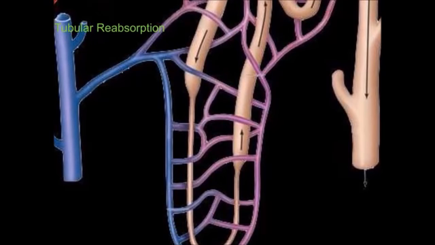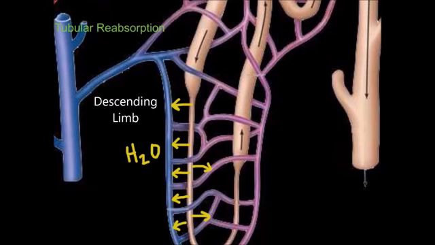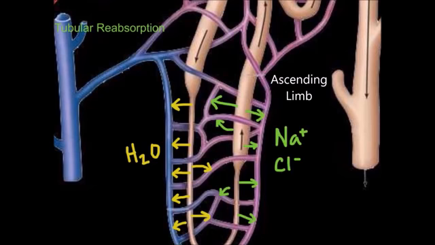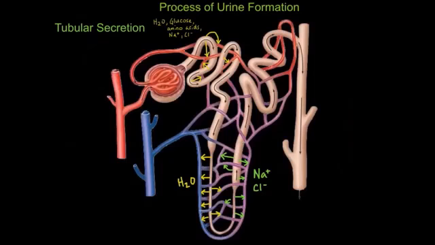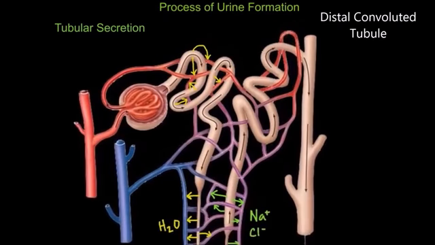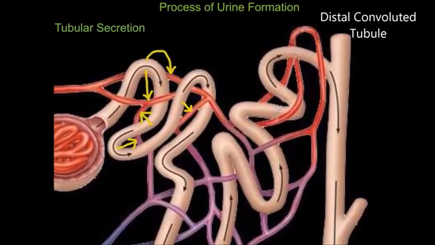Taking a closer look at the descending limb of the loop of Henle, we notice that there is further tubular reabsorption of water. And in the ascending limb of the loop of Henle, we see further tubular reabsorption of sodium and chloride ions. After the loop of Henle, the remaining substances enter the distal convoluted tubule.